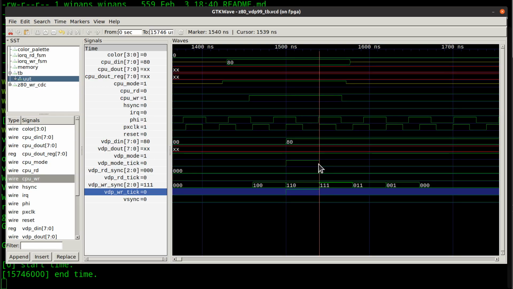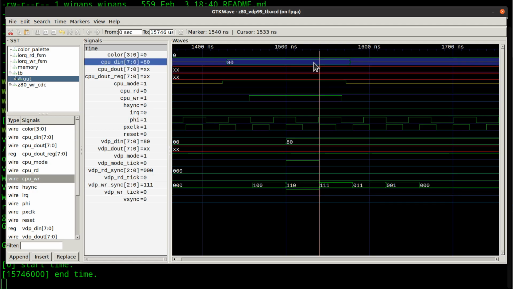It is when this thing falls after the rising edge on this pix clock, on that edge right there, that the VDP will consume the data that the CPU is writing to it. And you can see the data up there is an 80 in hex on the data bus. Now, provided that this happens while the CPU still has the data on the data bus, we're good, okay?